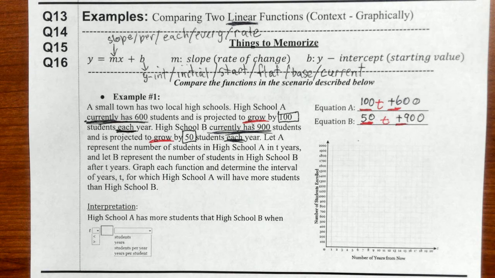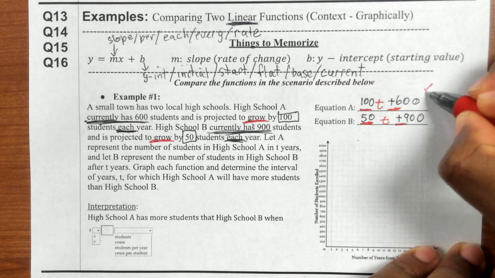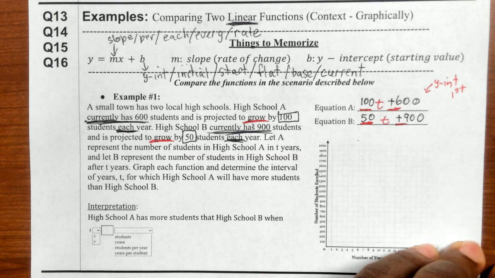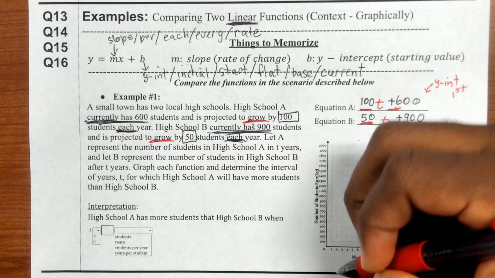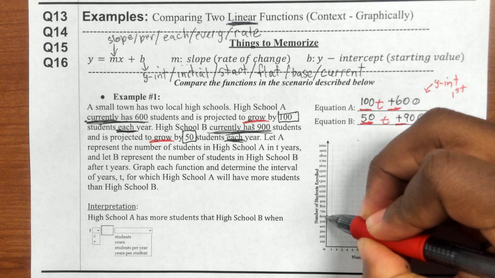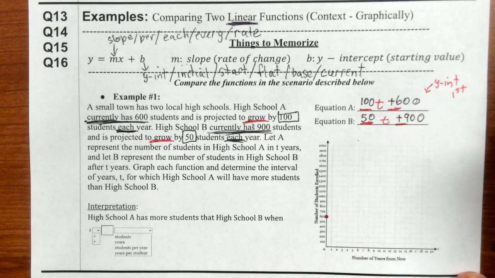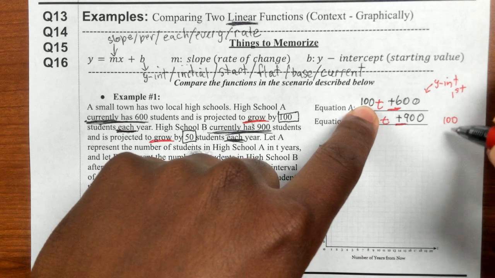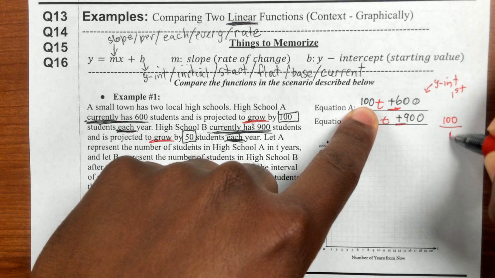Now I'm going to graph it, okay? When you're graphing, you always graph your y-intercept first. So we're going to graph positive 600 on my y-axis. Now I'm going to apply my slope. My slope is the 100 over what? Over 1.